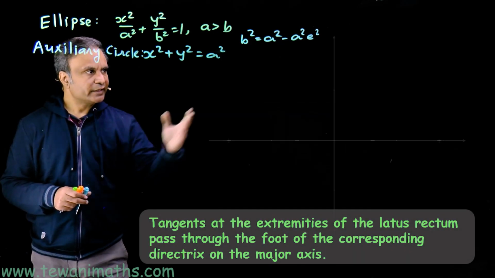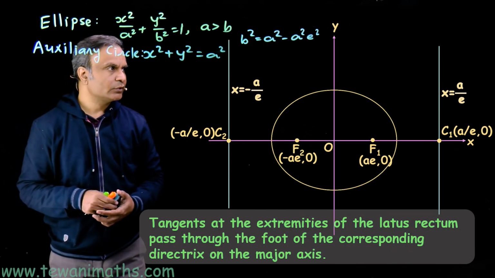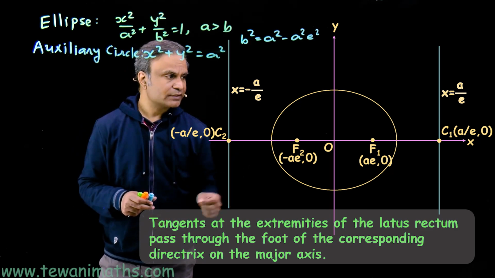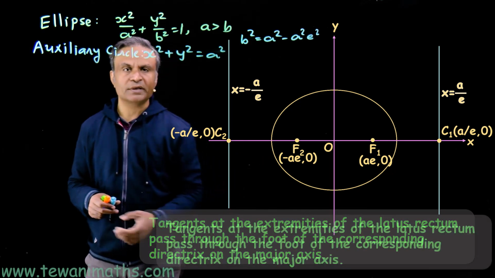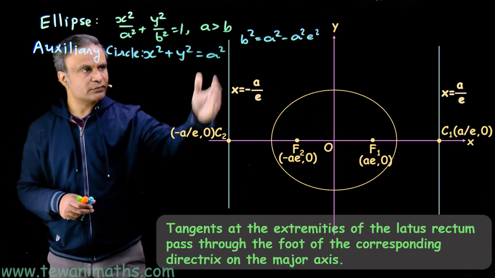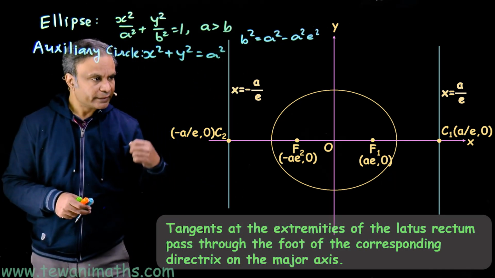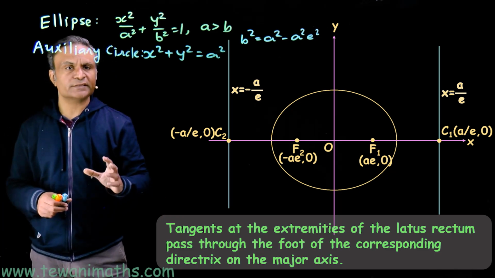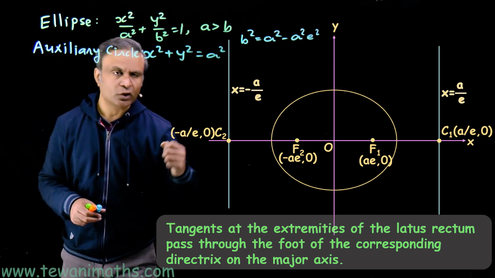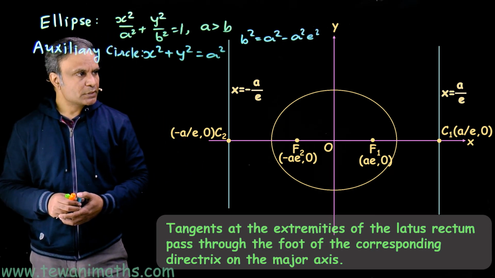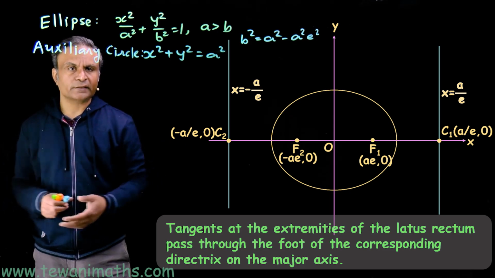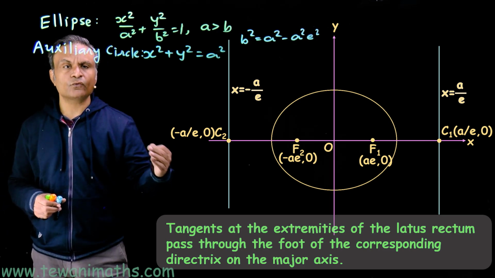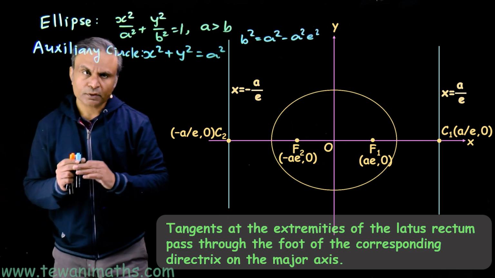Now here in the figure, directrix x equals a upon e meets the x-axis or major axis at point C1 having coordinates (a upon e, 0), and directrix x equals minus a upon e meets the major axis at point C2 whose coordinates are (minus a upon e, 0). Now in an ellipse we have two latus rectum lines. A latus rectum line is a line passing through a focus and perpendicular to the major axis.